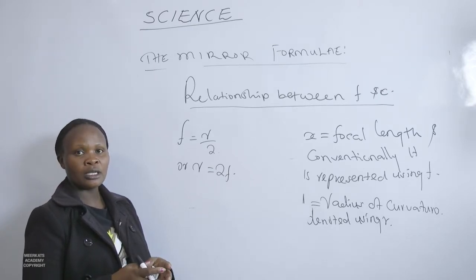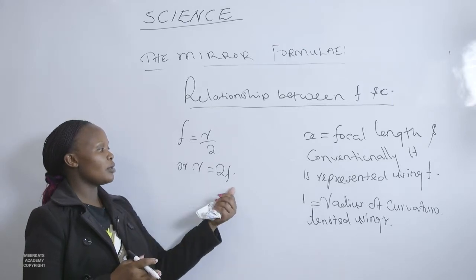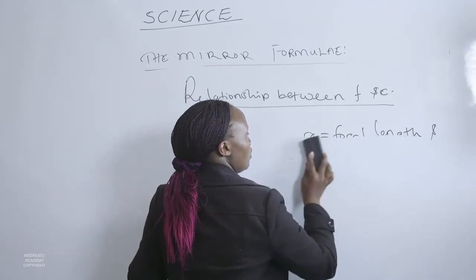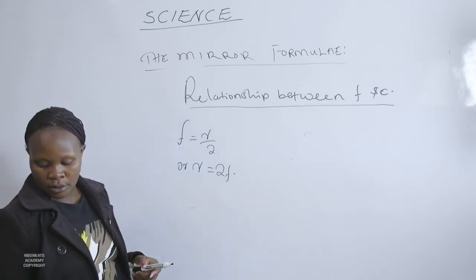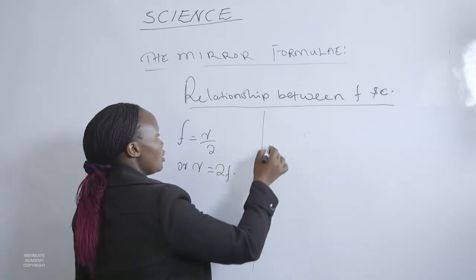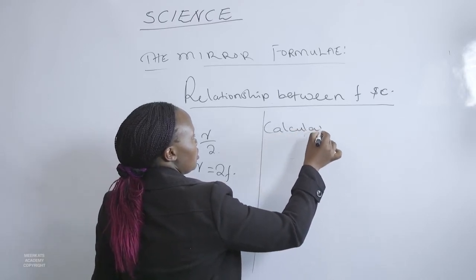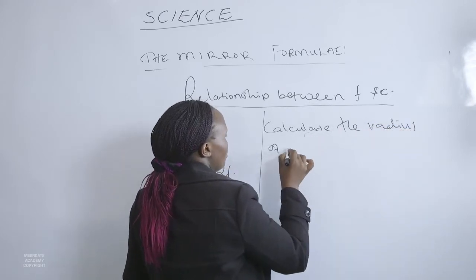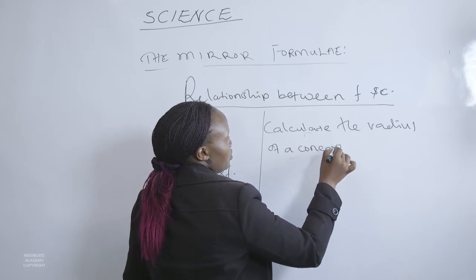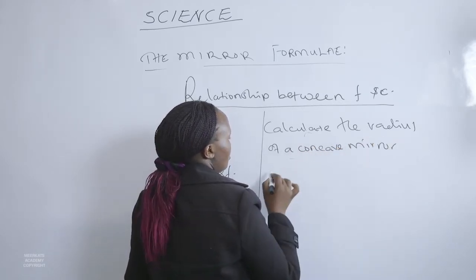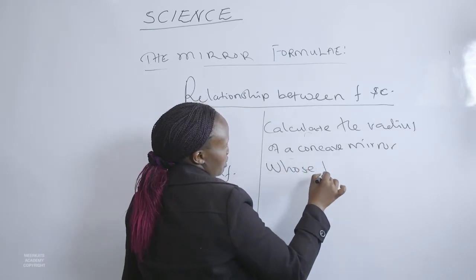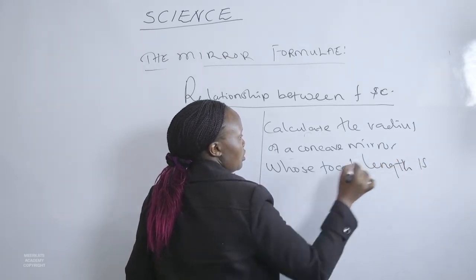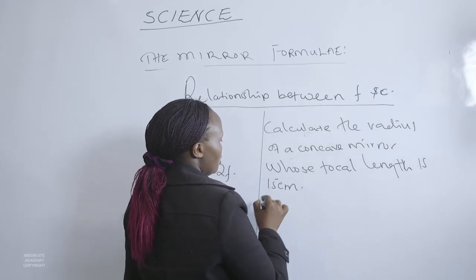So should anybody require you to get any one of them, you can get a question of this nature: calculate the radius of a concave mirror whose focal length is 15 centimeters.